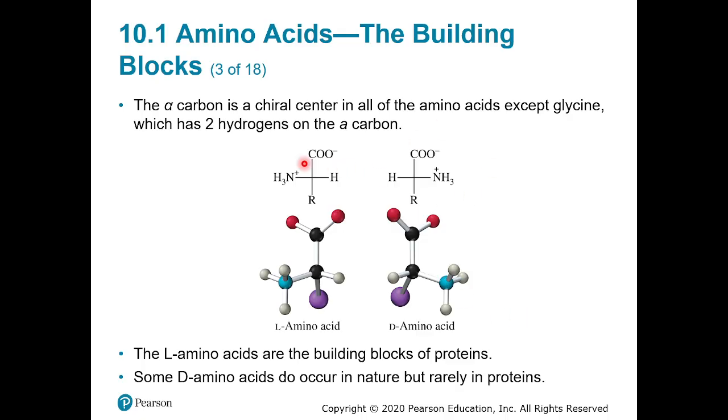Those are the ones that you use in your body and can actually function with. The D amino acids can occur in nature, but rarely occur in proteins and are essentially useless to you. There are bacteria that can digest these and convert them into the form they want, but you, not so much.